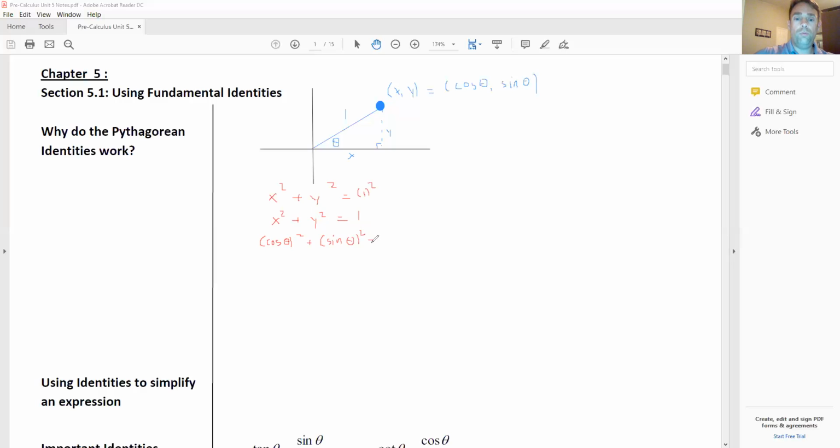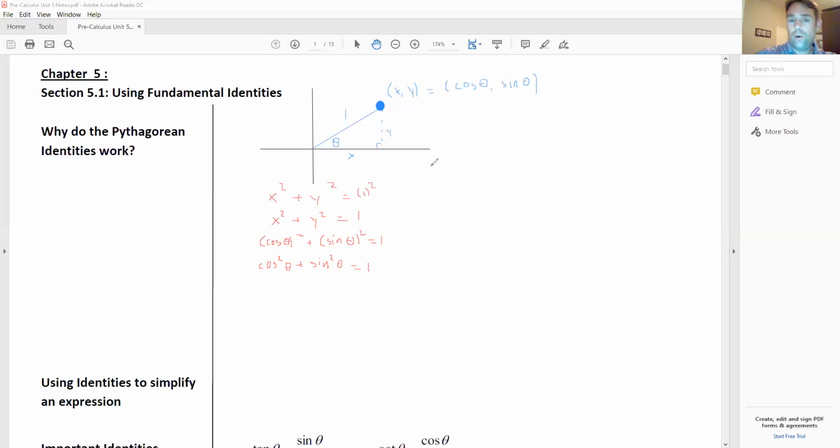When we substitute cosine and sine in for x and y, we get our basic Pythagorean identity. What that says is that cosine squared theta plus sine squared theta equals 1.